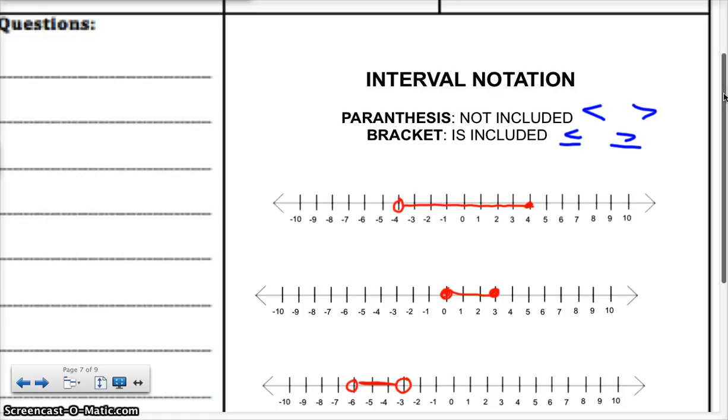You also need to know some things. You need to know that numbers go all the way to infinity, and they can go to the left from negative infinity. Infinity means it keeps on going forever and ever.